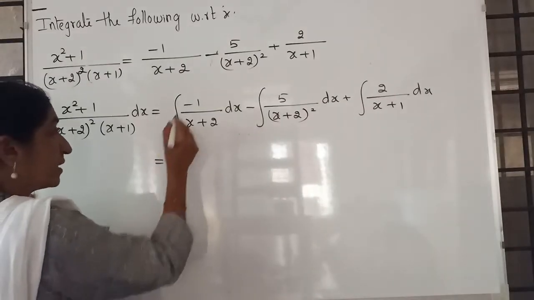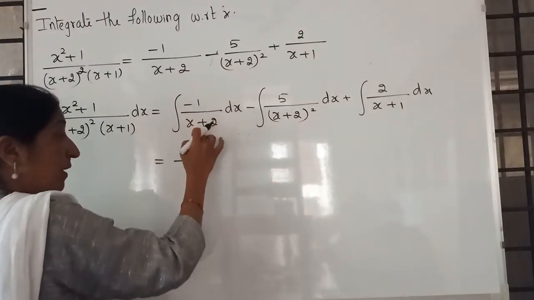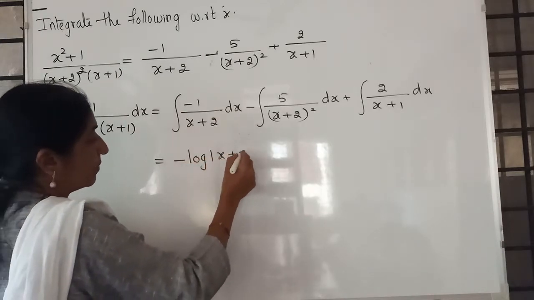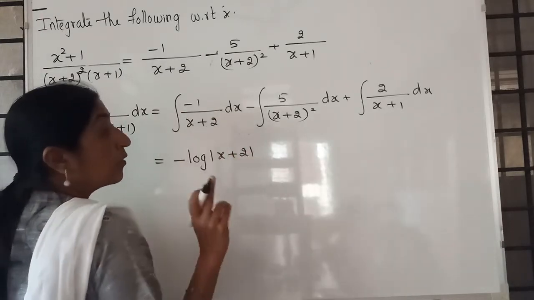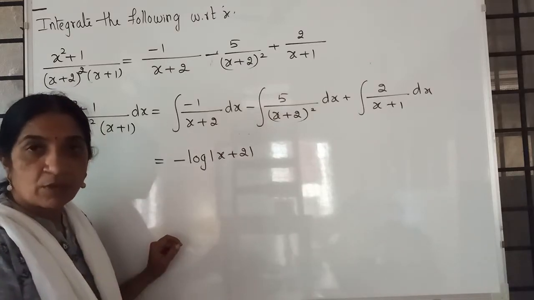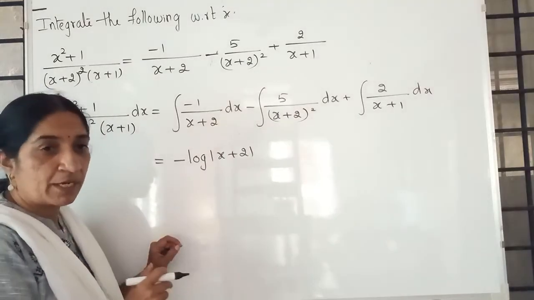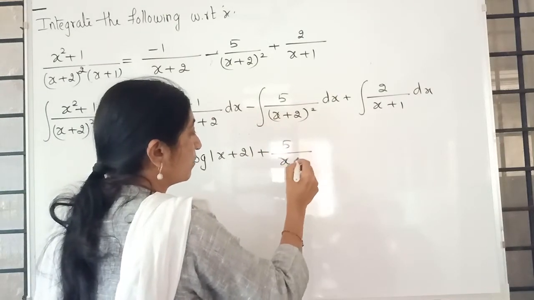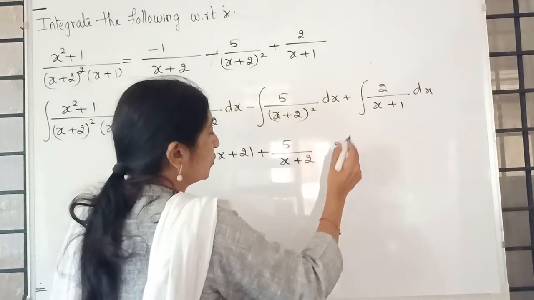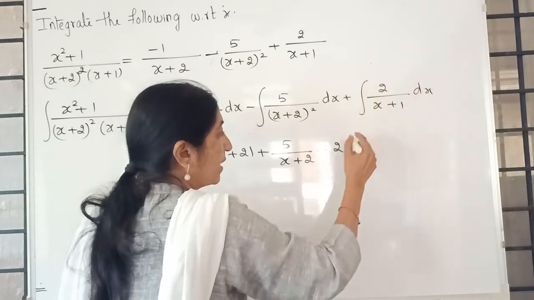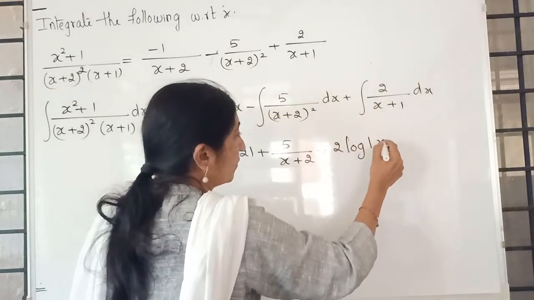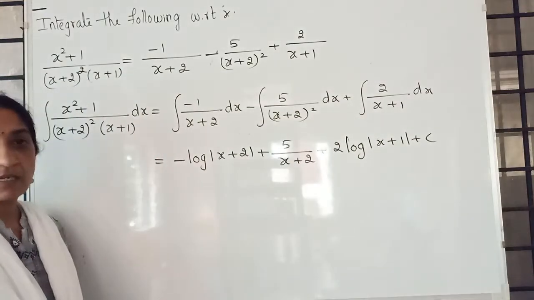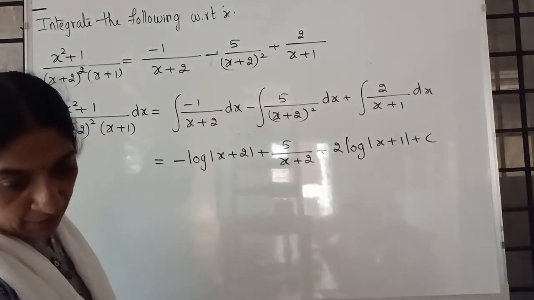It is minus outside. Integration of 1 by x is what? Log x. It is the log of x plus 2, it is linear. What is the integration of 1 by x square? 1 by x square is minus 1 by x. So minus into minus becomes plus, x plus 2. Plus 2 into, again it is in the form of 1 by x, log of x plus 1. Is it clear? Now I am moving to the next example.